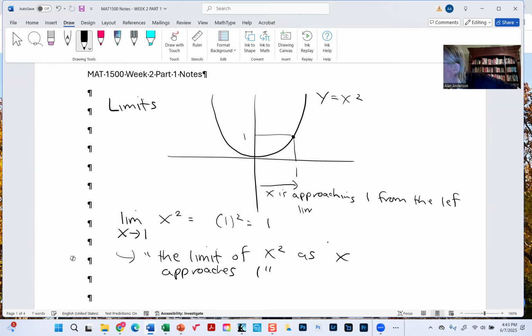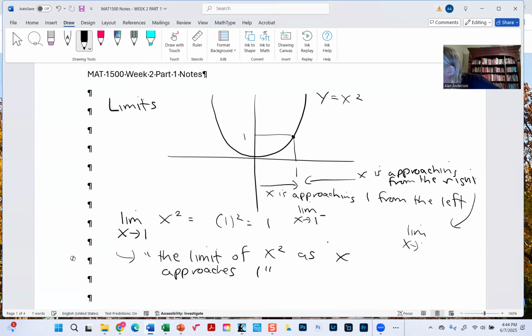And that means what you're solving for here, you see this little negative sign, that is there to indicate that we're approaching 1 from the left. This would be, of course, the opposite. In other words, it's starting at the large numbers and working its way down to 1. And so the way we write that is the limit as x approaches 1 from the right.